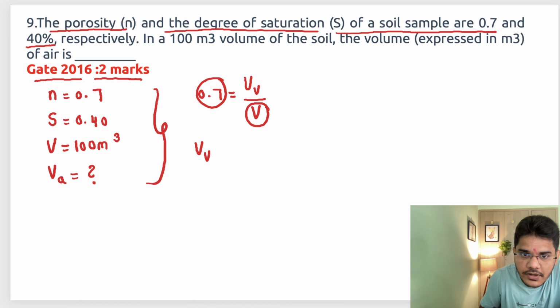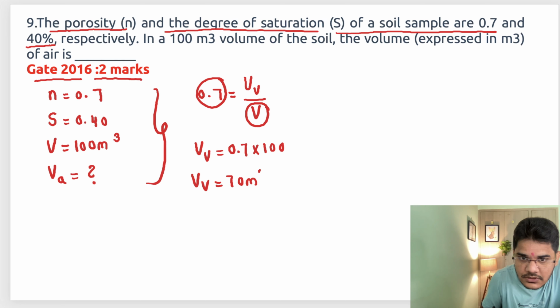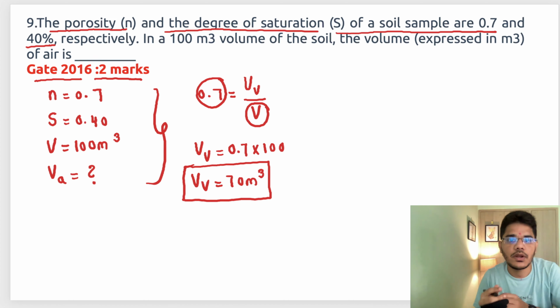Volume of voids is equal to 0.7 into 100, so volume of voids is equal to 70 meter cube.